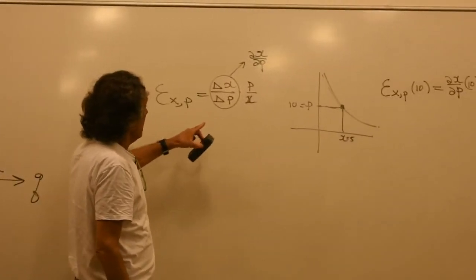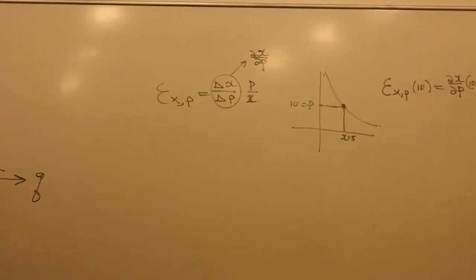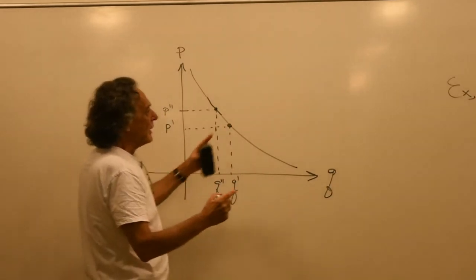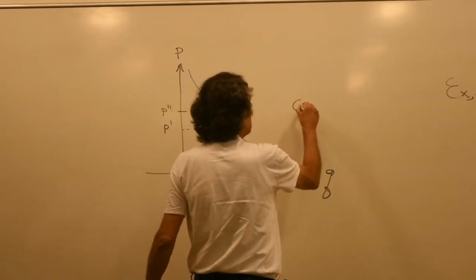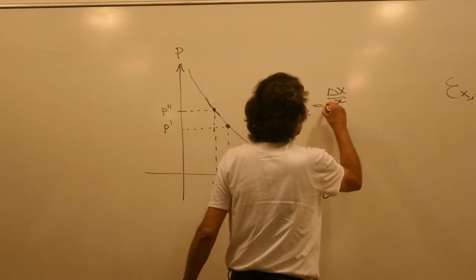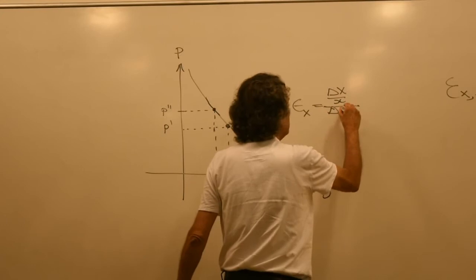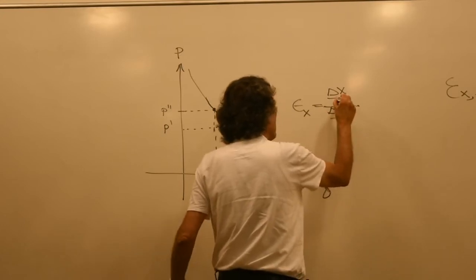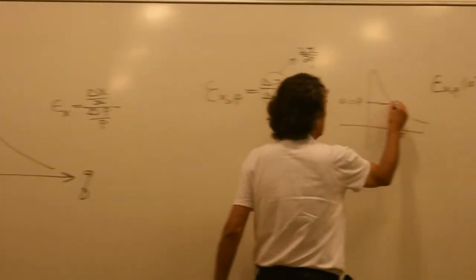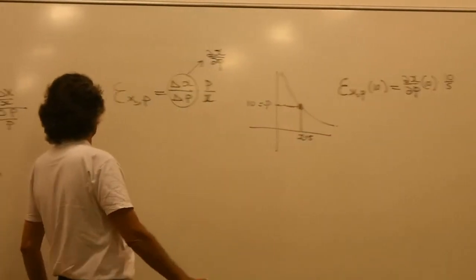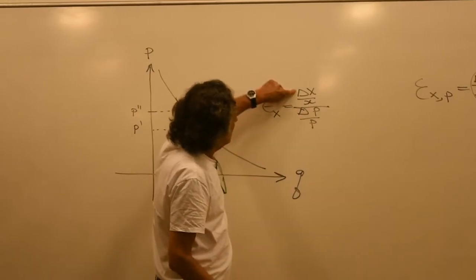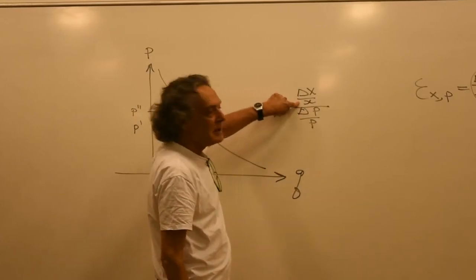But when I don't have the demand function, I cannot take the derivative here. What do I do? Actually, I remember that the elasticity of demand is delta x over x, divided by delta p over p. At a specific point x and p, I take the change in x divided by x.